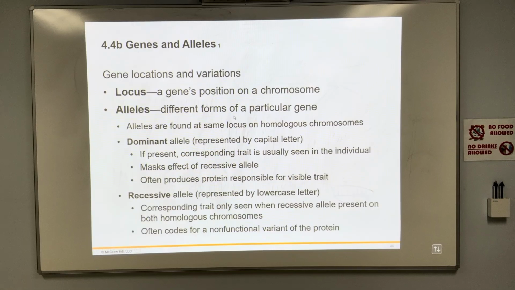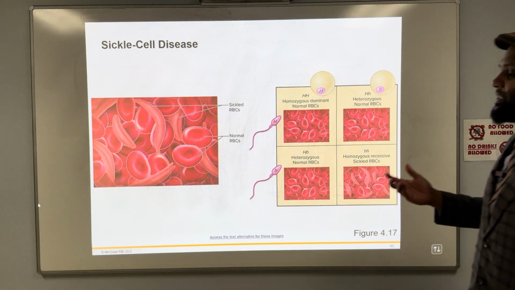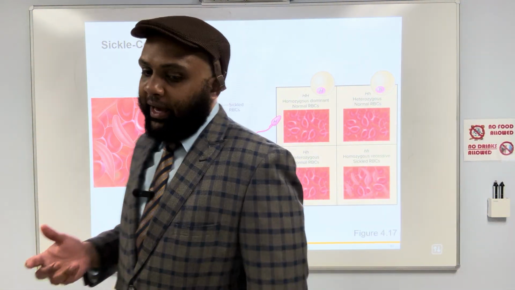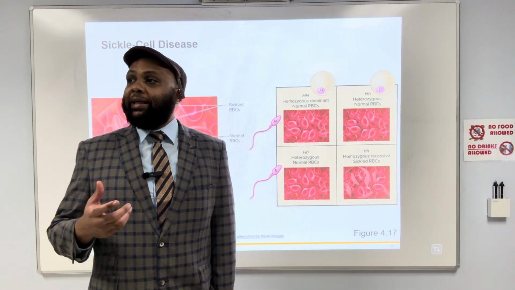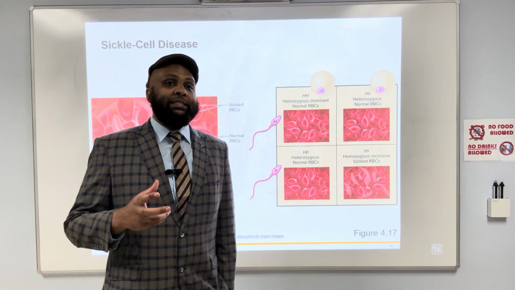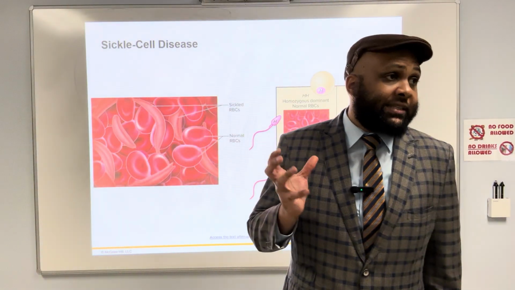Okay, so genes and alleles. There are dominant alleles and recessive alleles. This is very important for sickle cell anemia. Sickle cell disease is a disease caused by a structural defect of the red blood cell.